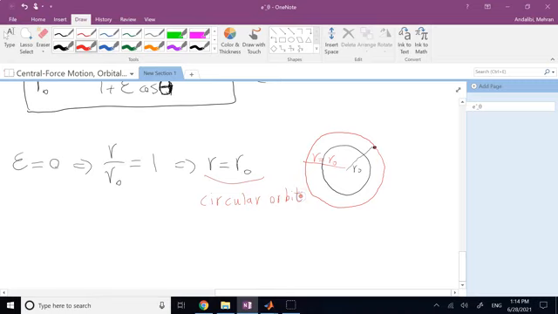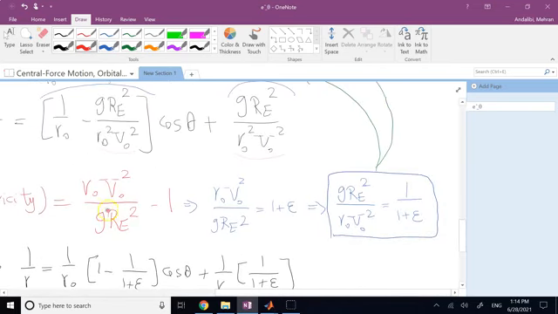Right? So if eccentricity is 0, it means your satellite is going to go around the circle. And 0 means this number is 0, which means R naught V naught squared should be equal to GRE squared. G and RE are fixed numbers.